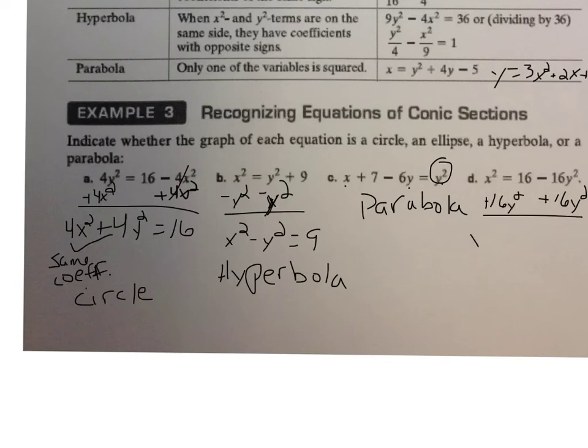And you usually write the x squared first, so x squared in addition anyways, plus 16y squared equals 16. And if this coefficient was 1, we'd have different coefficients. So different coefficients, which means that we have an ellipse.